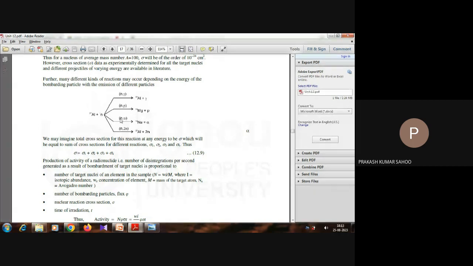N means neutron, alpha at the product side, and N at the reactant side. If it is alpha, then the atomic number will decrease by 2, it is sodium. If it is 2 neutrons, then the atomic number remains the same, and this will again be aluminium.